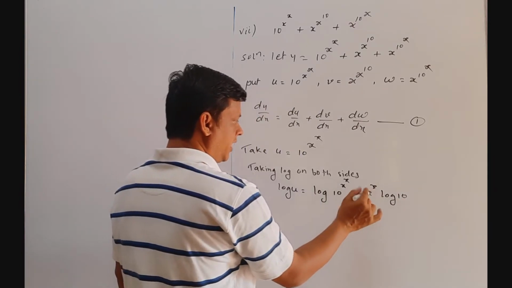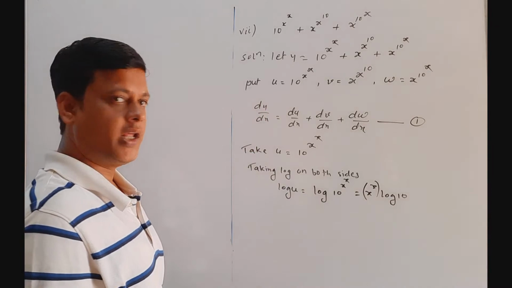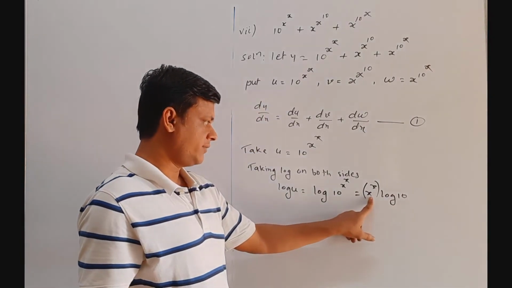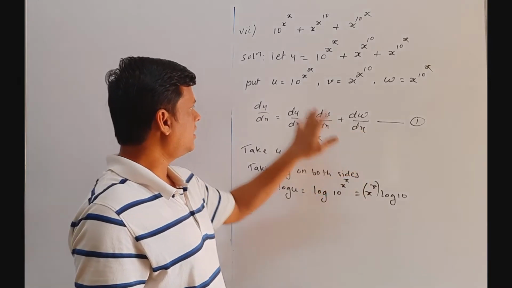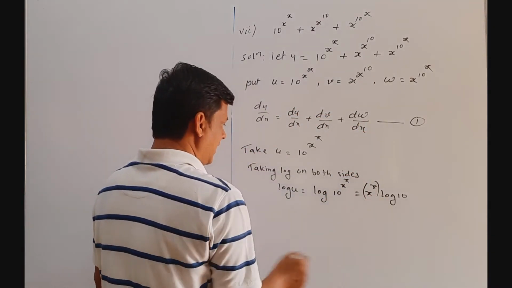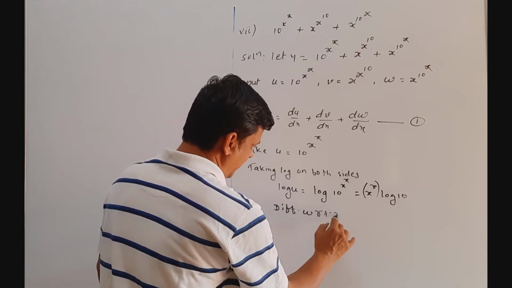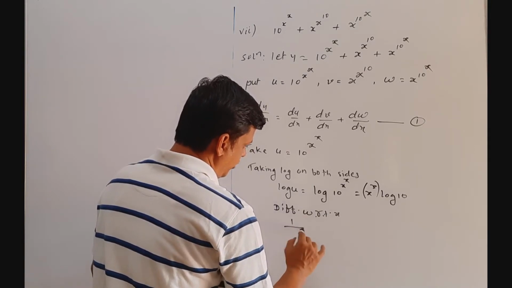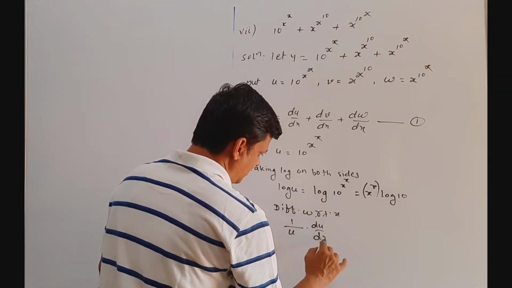So we know the derivative of x raised to the power x directly. If you do not know the derivative, you have to substitute again in place of x raised to the power x any letter other than u, v, w. So we write its derivative directly. So differentiate with respect to x. We write the derivative of log u as 1 by u into du by dx.